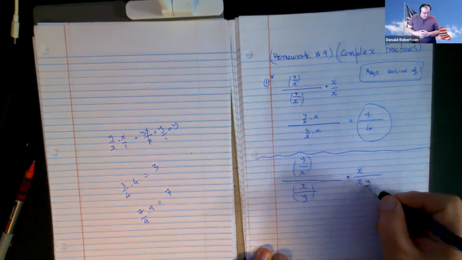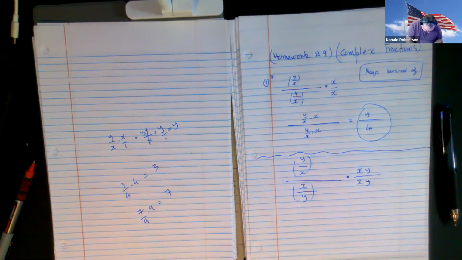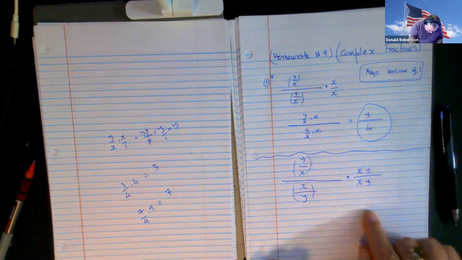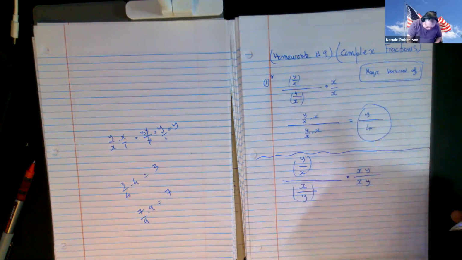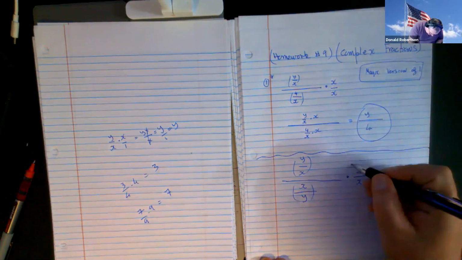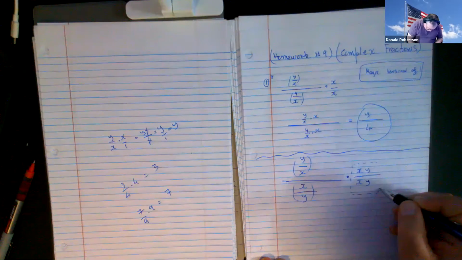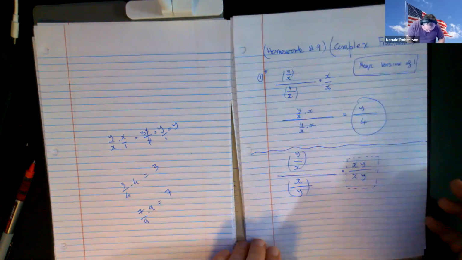Do you see that the magic version of 1 that I'm going to use isn't just x over x? It's not y over y, it's actually xy over xy. And that's the trick. If you can figure out the magic version of 1 to use, then you should be able to simplify all the questions.